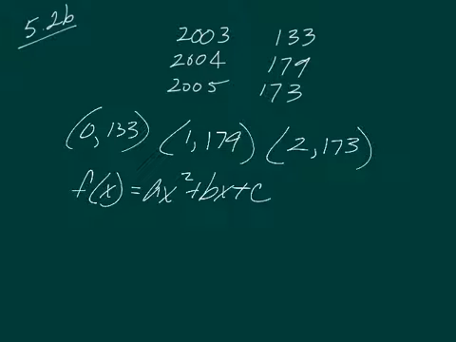That makes it a lot easier. They said it was going to be a quadratic function, so that's what I did: I wrote a quadratic equation down there, and I can just plug in some numbers.